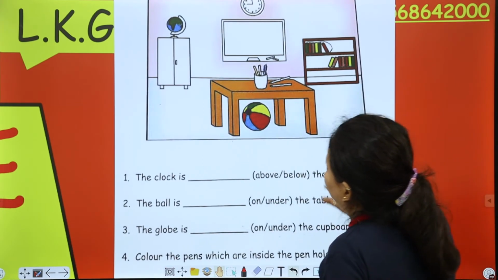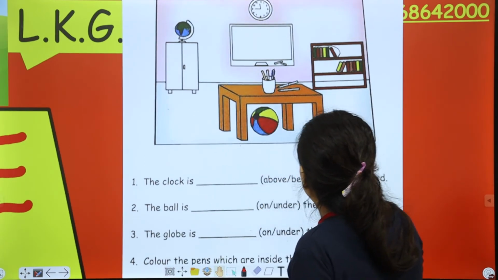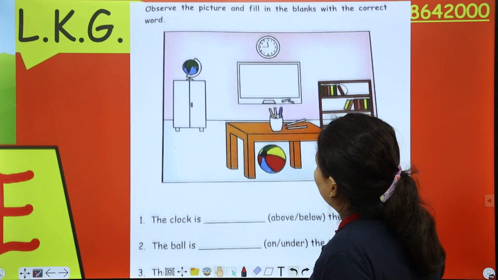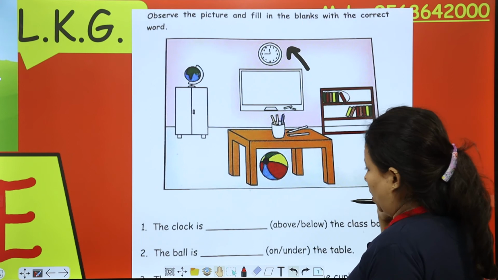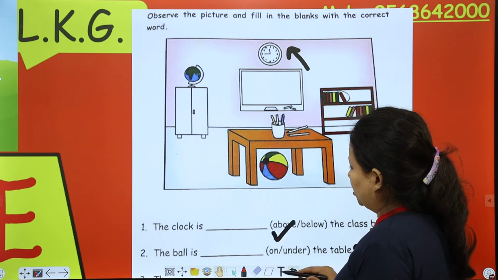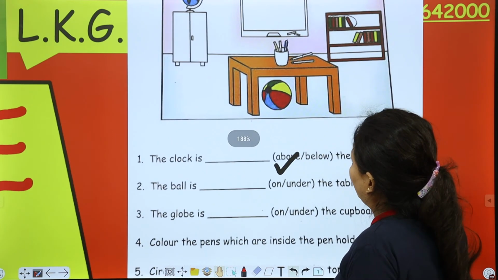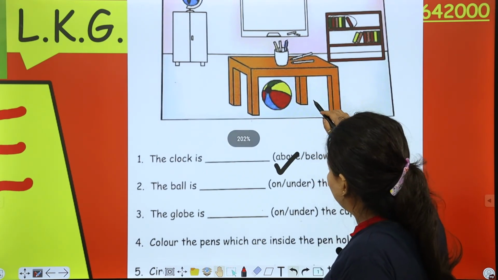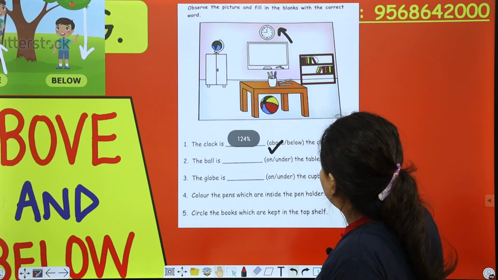Now where is the clock? The clock is dash the class board. Is the clock above the class board or below? Above. The right option is above. The ball is dash the table. On the table or under?